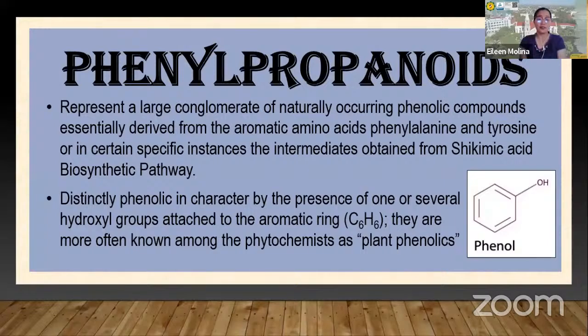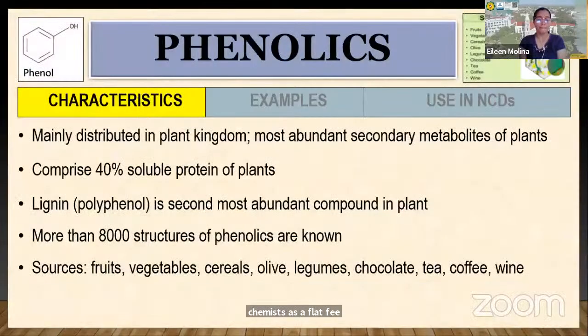They are more often known among the phytochemists as plant phenolics. Phenolics are mainly distributed in the plant kingdom. They are considered to be the most abundant secondary metabolites in plants because they comprise 40% of the soluble proteins of plants.